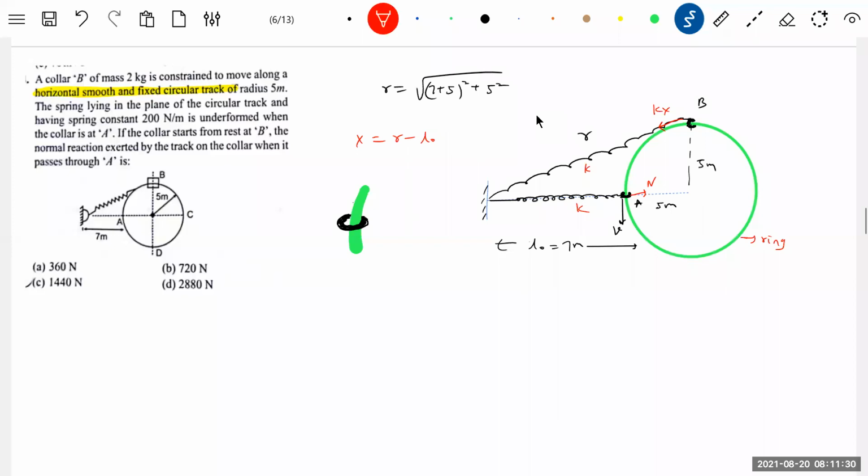This was the normal contact. The ring will exert a force on the collar. I have to show it like this. Already we have discussed this somewhere in circular motion. This is a ring, this is at point A, and it will have a speed V. Fine.